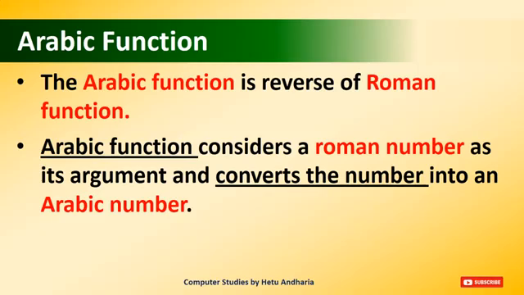Now opposite to Roman is the Arabic function. It is used to convert the number typed in Roman into decimal numbers. Okay. Arabic function considers a Roman number as its argument and converts it into Arabic number or decimal number. Now practically I will teach you both the functions.